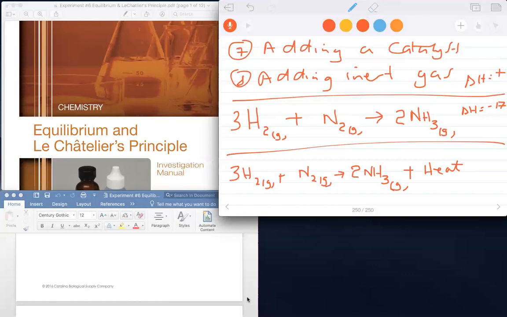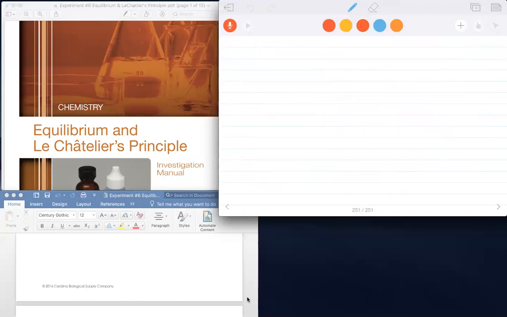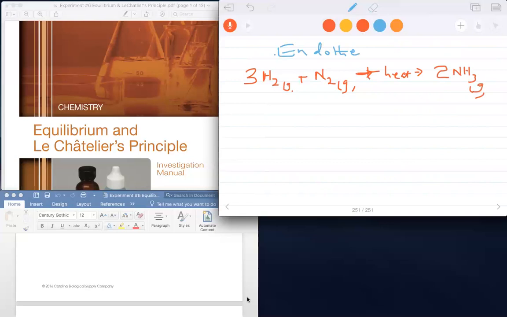If it is endothermic, I'll write 3H2 gas plus N2 gas plus heat on this side, giving me 2NH3 gas. This is endothermic.